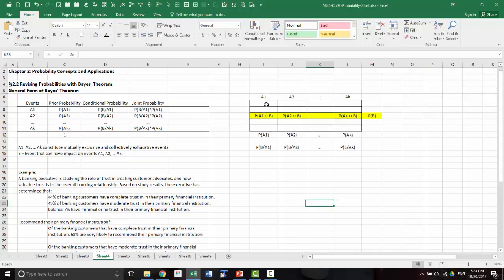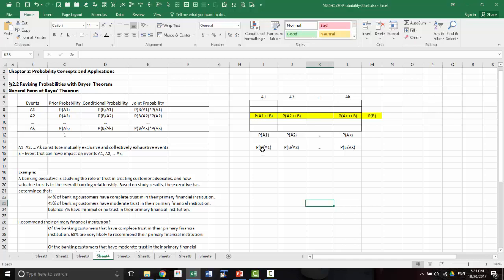So it's something like this. Suppose this whole thing is the sample space. That's A1, that's A2, and so on, A sub k. They are mutually exclusive and collectively exhaustive. So now we have probability of B given A1, and this is probability of A1.